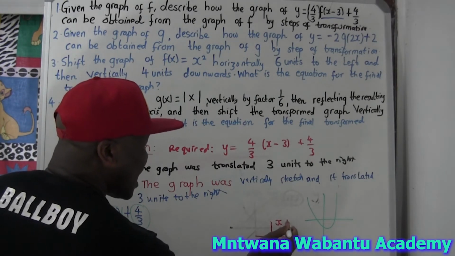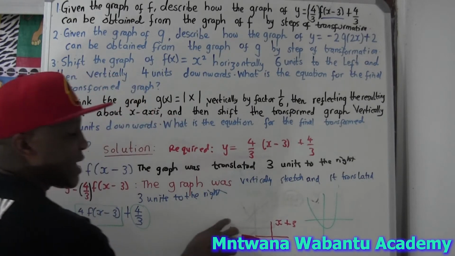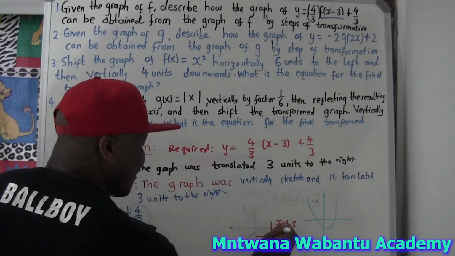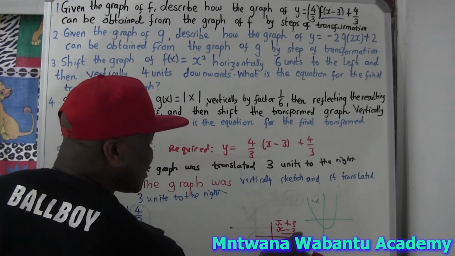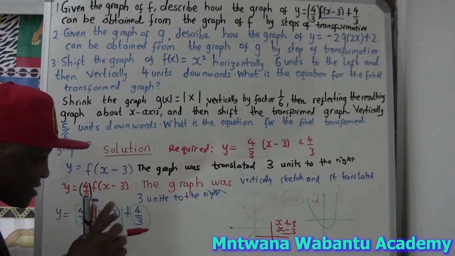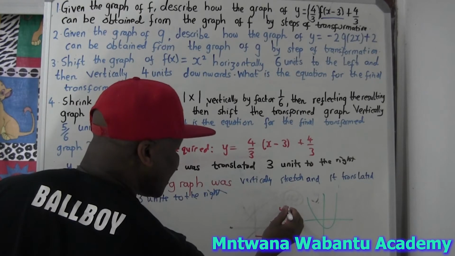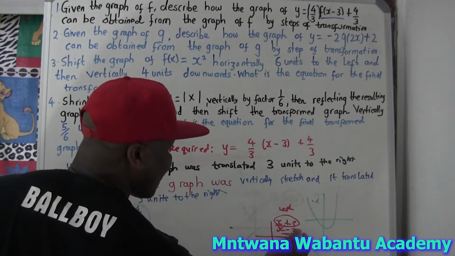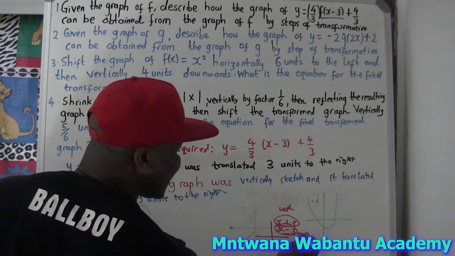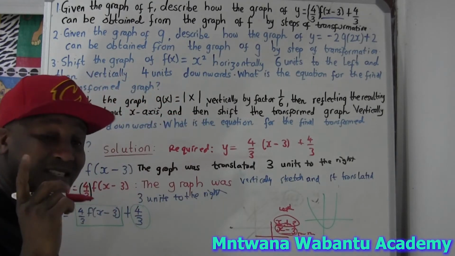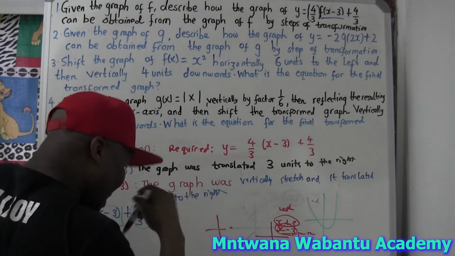For x, if we add, we shift to the left. If x has minus 3, we shift to the right, the other way around. For y, it is a different case.